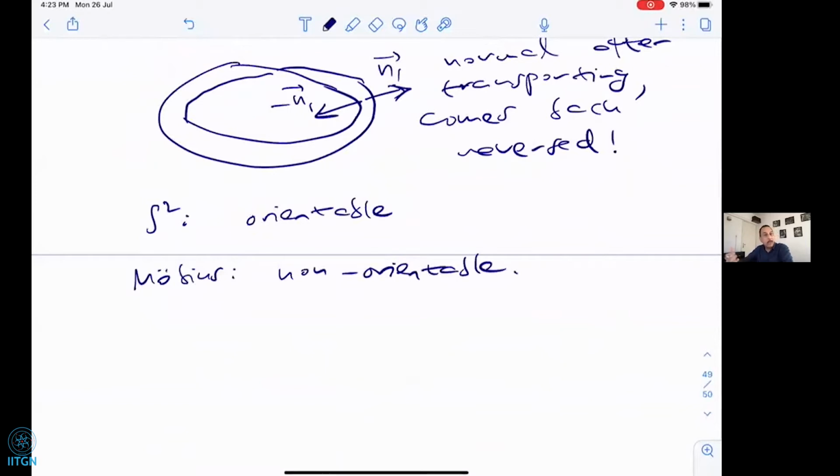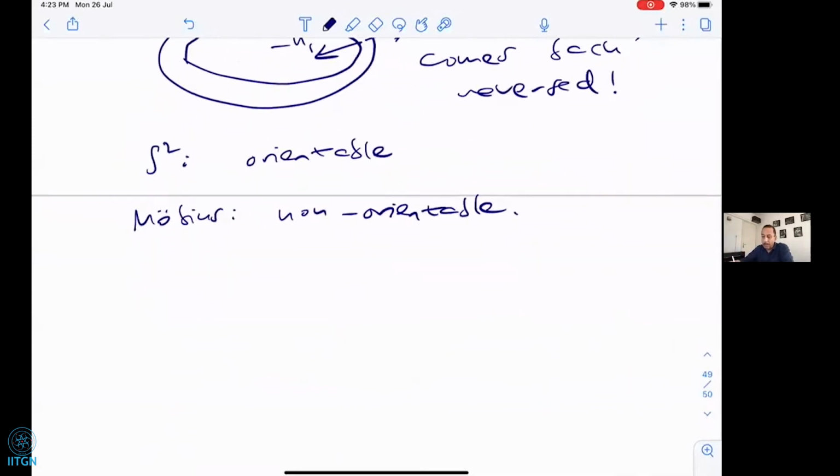Okay, if it's orientable, we can give it an orientation by saying, okay, this side is outward, this side is inward. That's our choice. But if it's non-orientable, we can't do anything. So we can't give it any orientation except in local patches. As a whole manifold, it doesn't have an orientation.